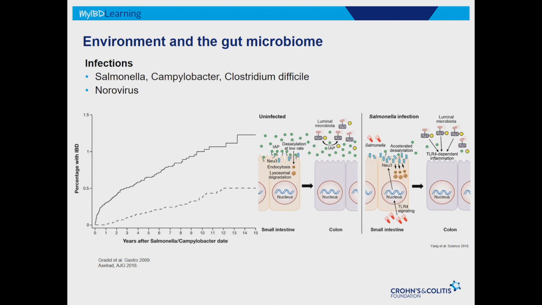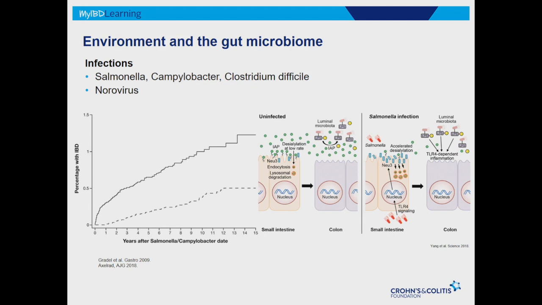So while infections are more common in the developing world, these folks probably have a more diverse microbiome and are much more able to manage that. Whereas when you have an infection and you don't have such a diverse microbiome, and you have some genetic susceptibility, you're much more likely to get a problem.